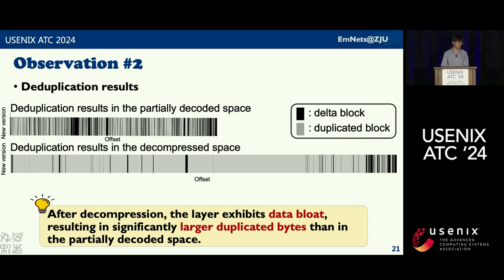So this explains the two counterintuitive findings. The LSH-based MLE achieves a higher duplication ratio in the partially decoded space, and second, the MLE method is more effective in identifying identical parts at smaller chunk granularities, as chunk duplication is not affected by minor modifications.